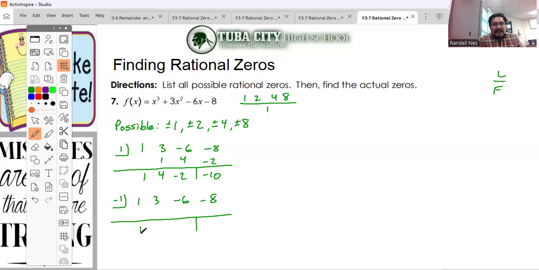So bring that number down, multiply it by the number in the window. That one too, same thing. -8 times -1 would make it positive. And this one does work out.